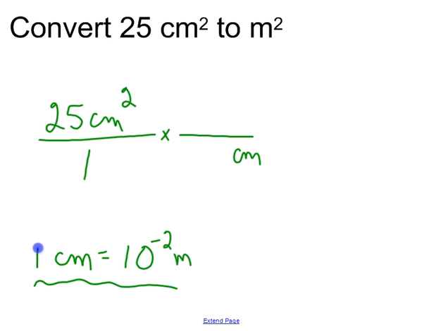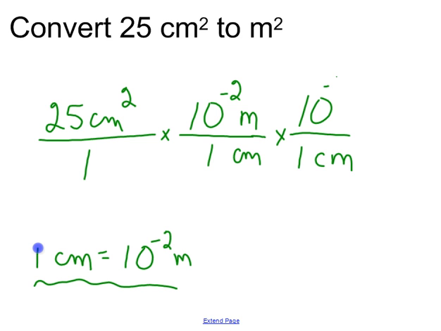But notice 1 centimeter, 10 to the minus 2 meters, that will only cancel out 1 of the centimeters squared. So what I have to do is a second time. So now in the denominator, I have centimeters squared, and that will cancel out the numerator, centimeters squared.